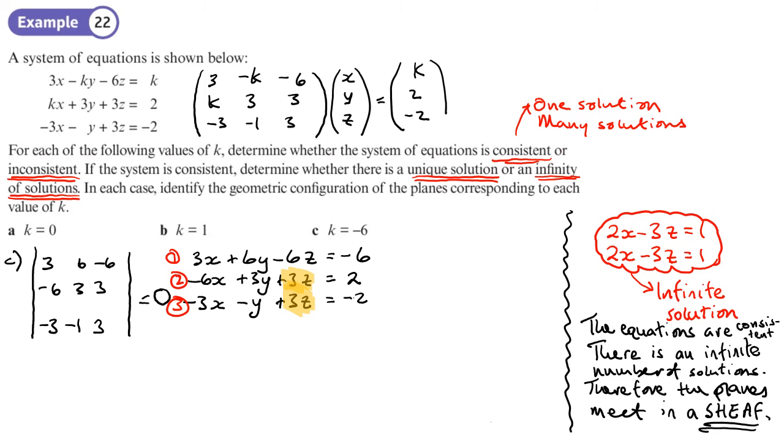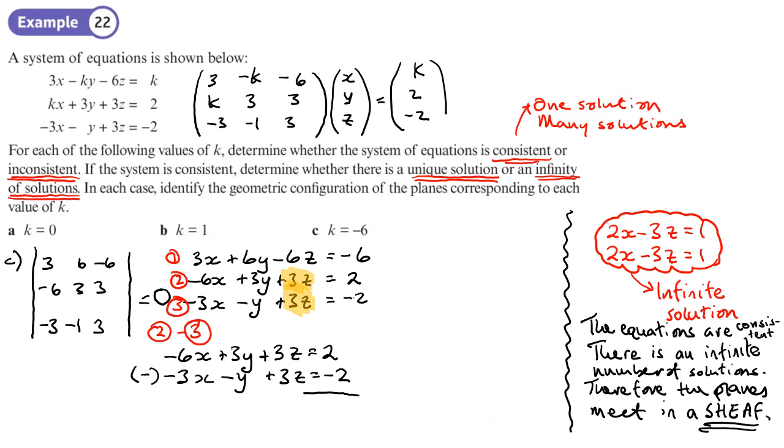So let's do that. So if I put 2 minus 3, -6x plus 3y plus 3z equals 2, and then -3x minus y plus 3z equals -2. So I need to subtract to eliminate the z.